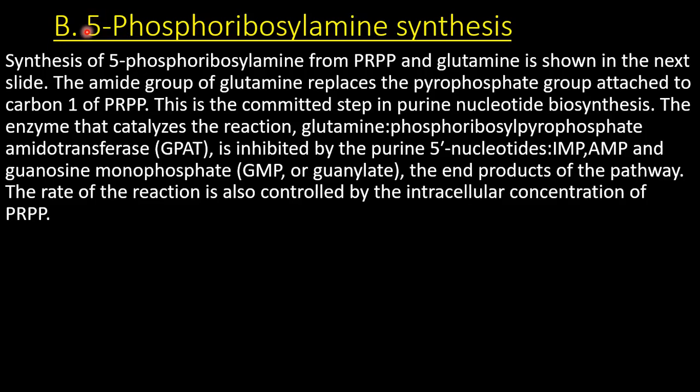It is the synthesis of 5-phosphoribosylamine from phosphoribosyl pyrophosphate and glutamine, as shown in the next slide. The amide group of the glutamine replaces the pyrophosphate group attached to carbon number 1 of the phosphoribosyl pyrophosphate. This is the committed step in purine nucleotide biosynthesis.